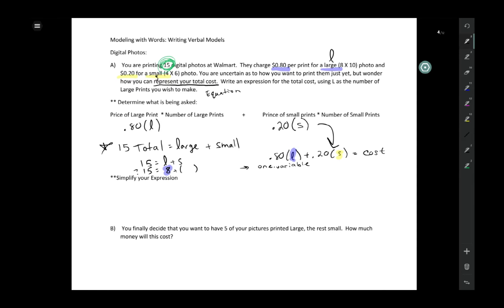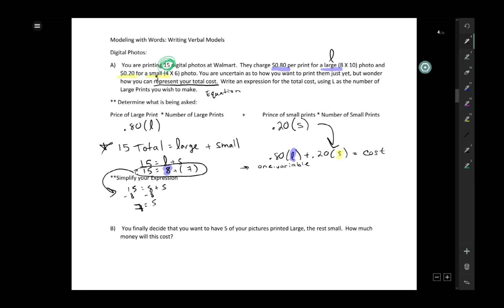That must mean that 7 is what I have left. So there's a relationship between the number of large pictures and the number of small pictures. And how do you get 7? Well, if we took 15 equals 8 plus our small pictures, and we subtract 8, 7 must be the number of small pictures.